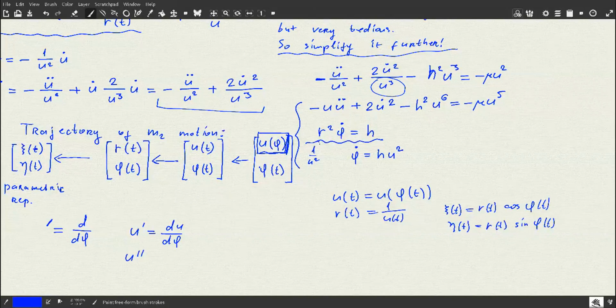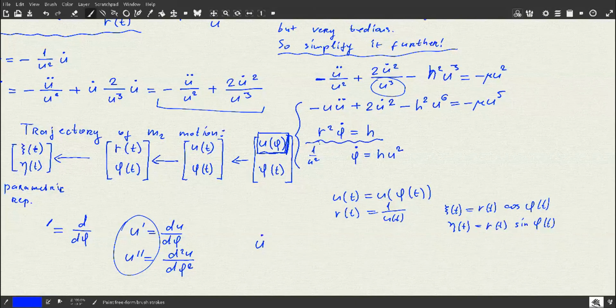U double prime is the second derivative of u with respect to phi. Then, assuming that we have u of phi, u prime, u double prime, let us express the dots, the derivatives with respect to time.